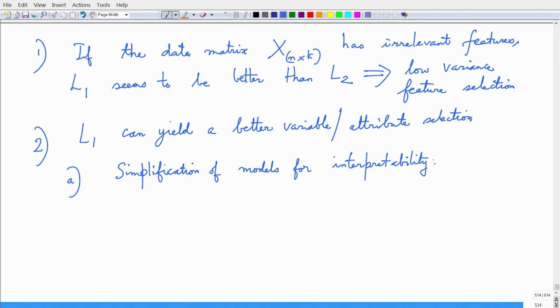This is very important because we should be in a position to interpret the data and make sound observations from the models. So if the model is simplified, it is good for us. From the learning perspective itself, this can lead to shorter training times.